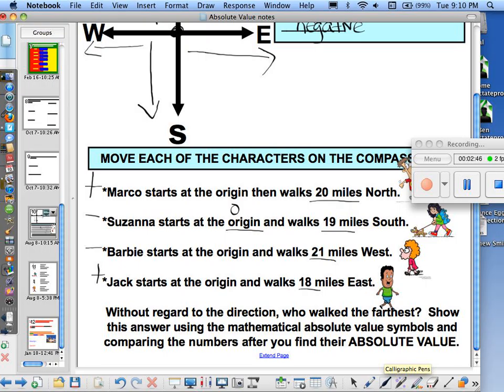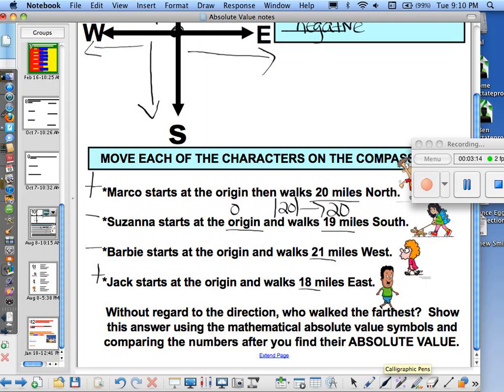So without regard to the direction, meaning negative, positive, south, west, north, east, you want to see who walked the furthest. So we're not concerned about the direction, just how far they walk. So to do that, we are going to take the absolute value of all of the distances. So we've got the absolute value of 20, which is 20.